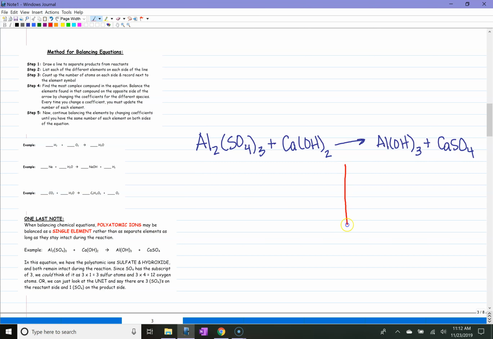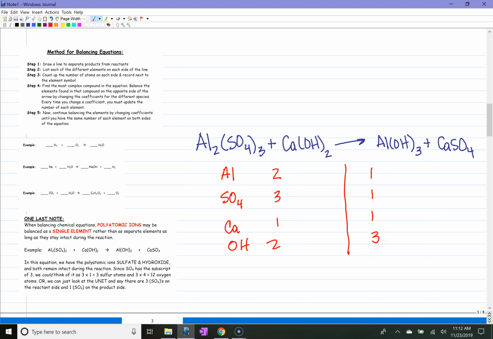What I would do is I would balance it out by saying aluminum has 2, sulfate is 3, calcium is 1, and hydroxide is 2. On the product side, there's going to be 1 aluminum, 1 sulfate, 1 calcium, and 3 hydroxides.